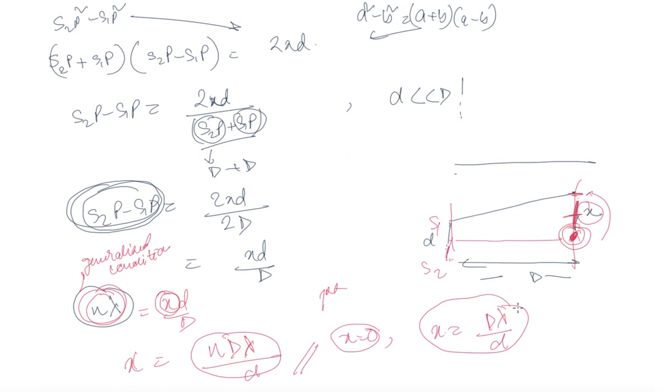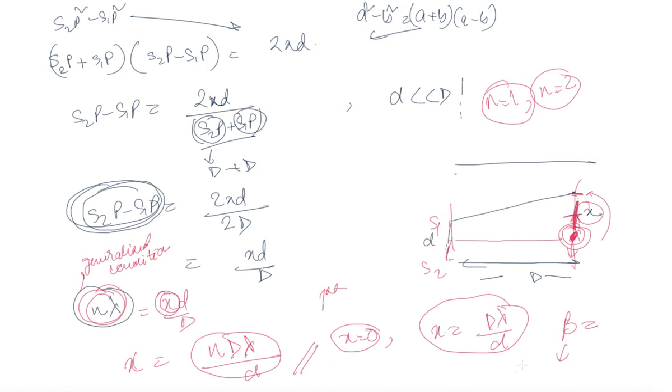Now, what about the fringe width? If you want to know the fringe width, take n equal to 1 and n equal to 2 and subtract the distance between them. If you subtract the distance between them, then what we have is the fringe width. Beta is known as fringe width.